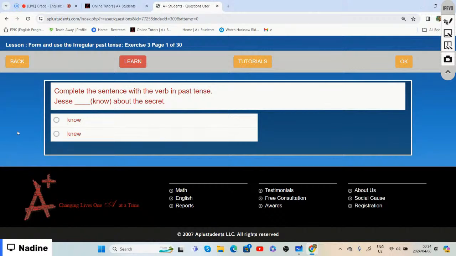Now it says, Jesse know about the secret. Is the past tense form know or is the past tense form knew? Jesse know or Jesse knew?